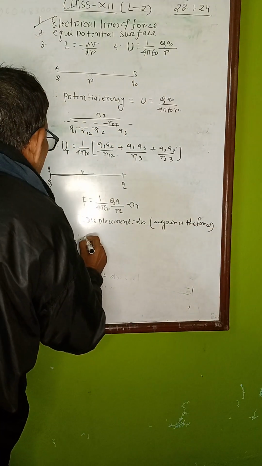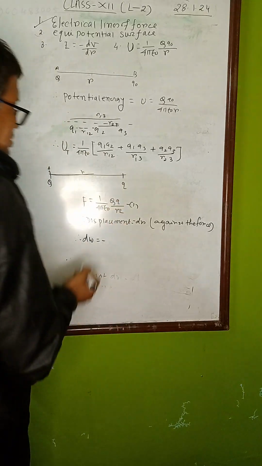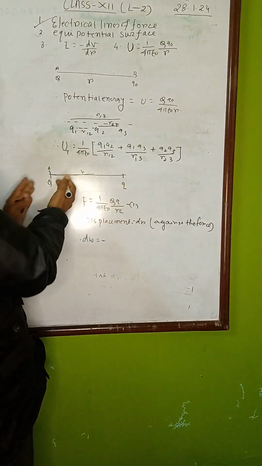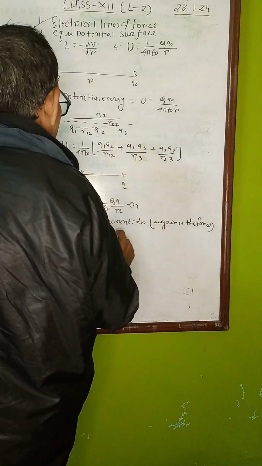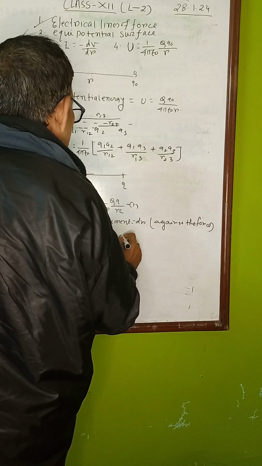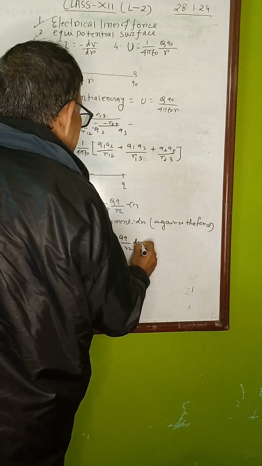So we have dW equal to minus. Why minus? You are bringing the charge very close to Q, so you are getting 1 by 4 pi epsilon naught Q q by r square into dr.